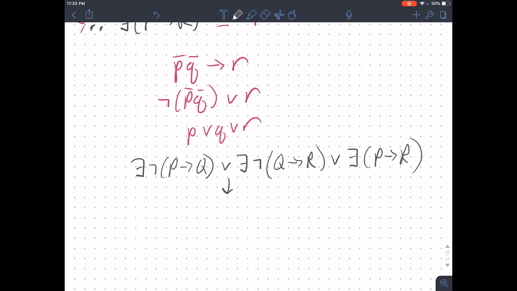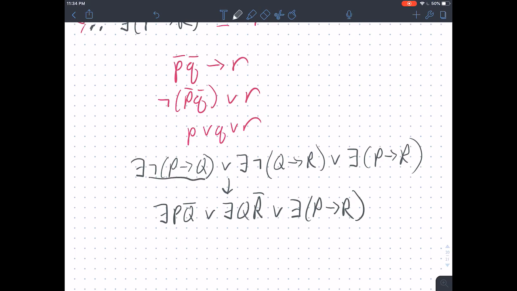So that's going to give us E, P, not Q, or, and then this last one we can't really do anything useful to. All I did there was use the fact that we can still apply all of our rules to something like this. All of the equivalency laws still apply 100%.